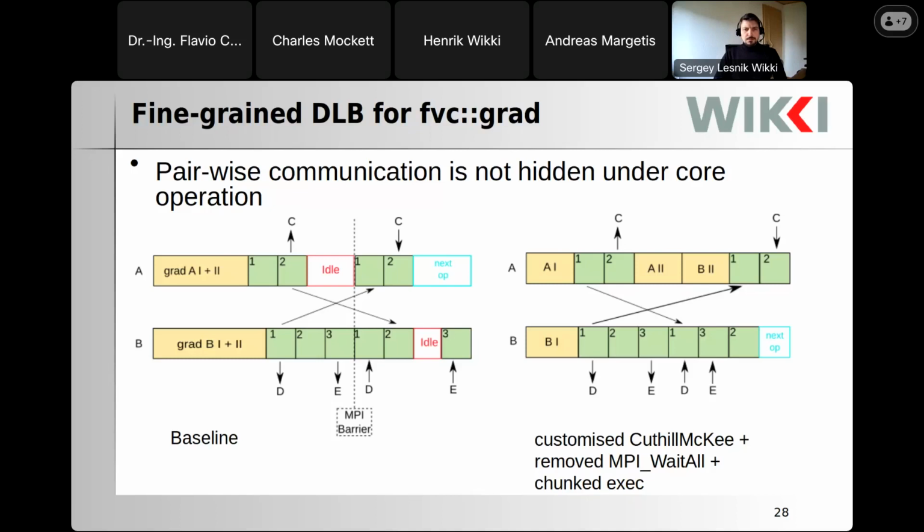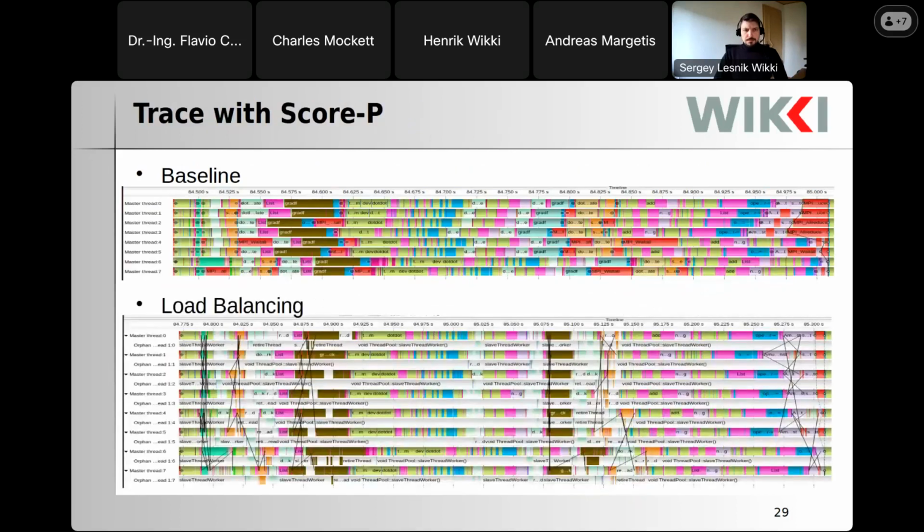In OpenFOAM, the pairwise communication is not hidden under the core operation, which is a problem. So you have lots of waits. But that can be avoided in the similar manner that I showed for the SPMV. Keep going. Next slide.